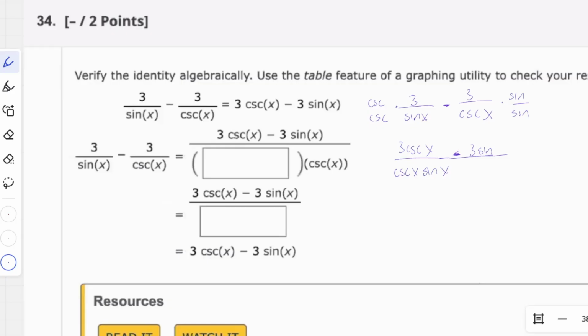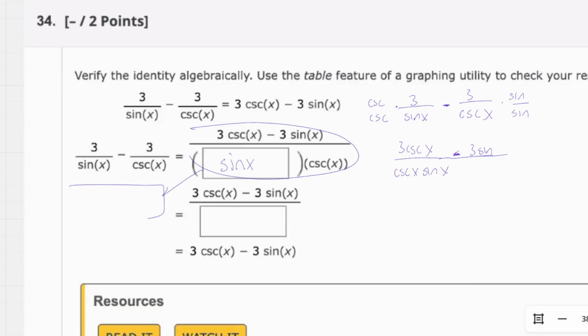So I guess this is what they mean here. They skip 2 steps, I think, and they got to this. This should be sine x. And this whole thing should have been down here. It should be below. You should be working one side and go like this, and just leave the right side the same.